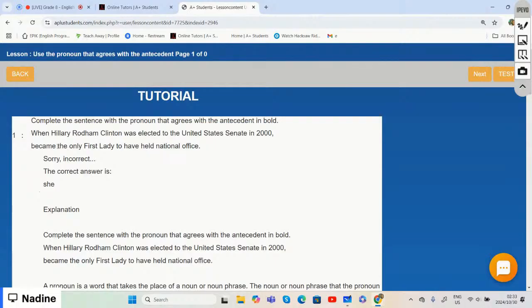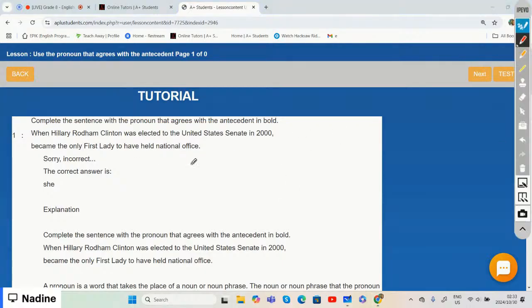And now it says: When Hillary Rodham Clinton was elected to the United States Senate in 2000, we need to choose the pronoun here that refers to Hillary. Became the only first lady to have held national office.